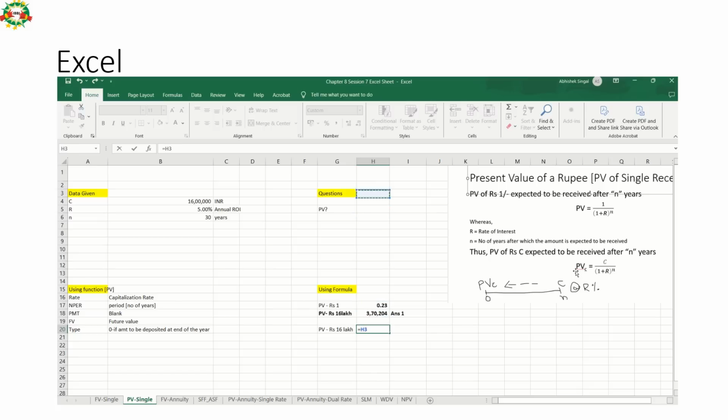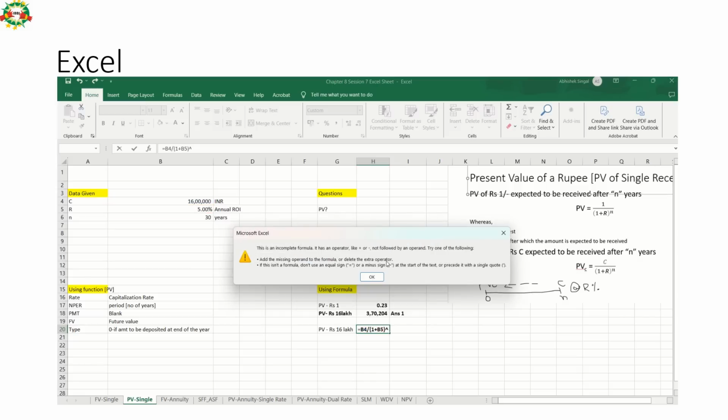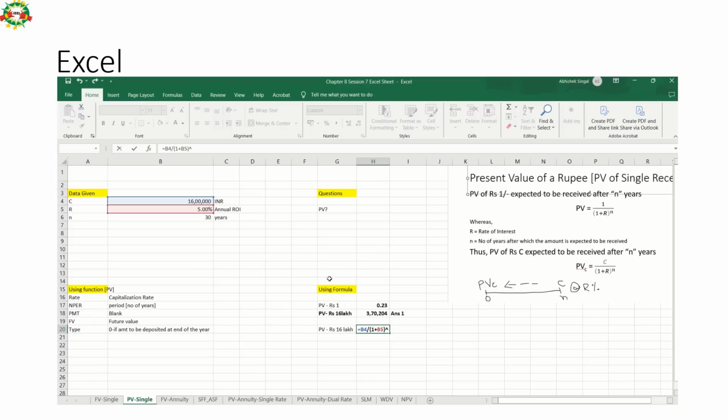C is this amount divided by bracket open 1 plus R raised to power 30. You see, this is answer number 2. Okay, so they both are matching.